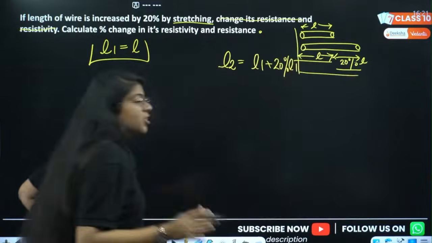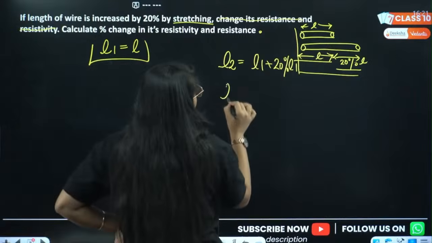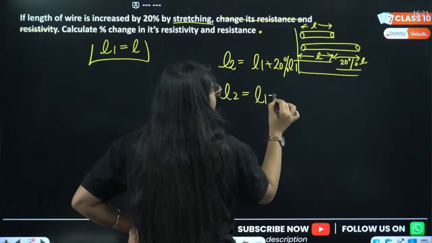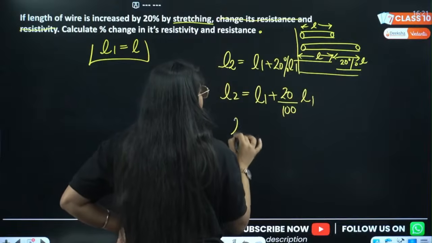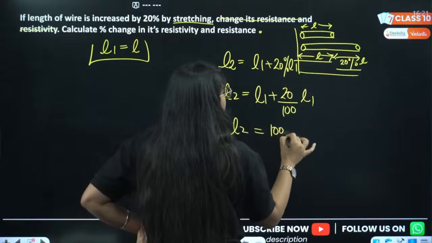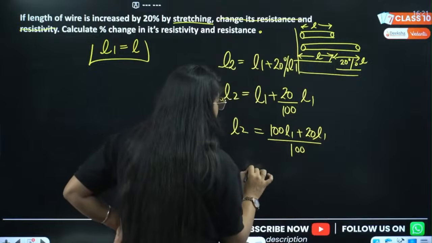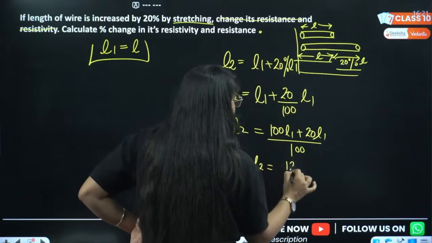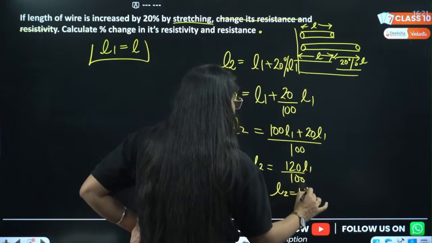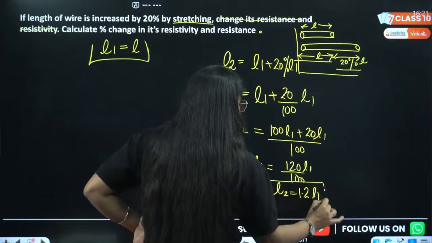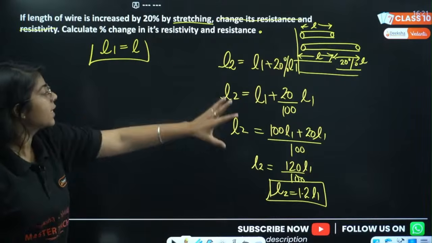So L2 is L1 plus 20 by 100 times L1, which gives 120 L1 divided by 100. So L2 will be 1.2 L1.